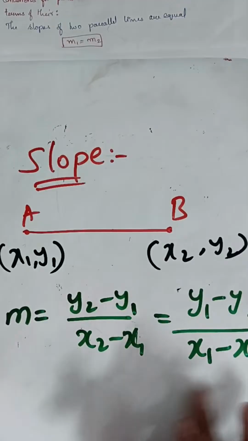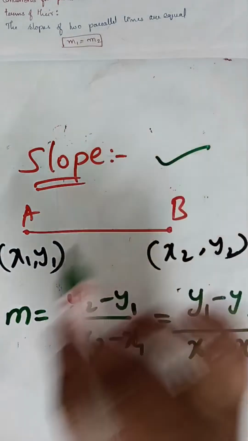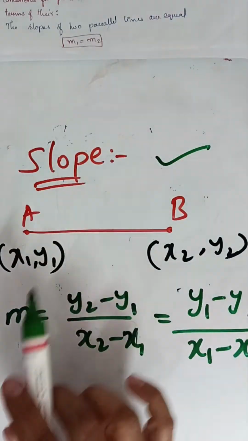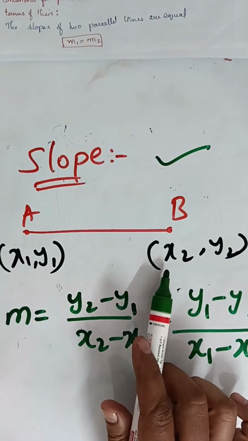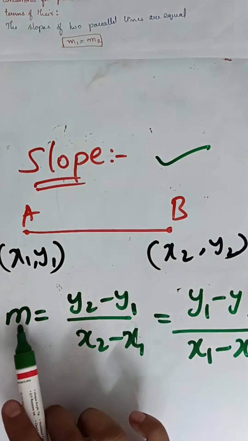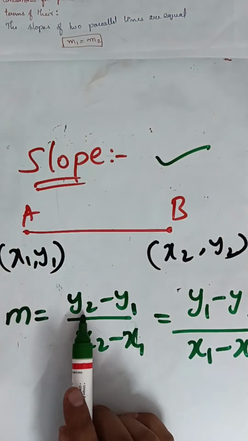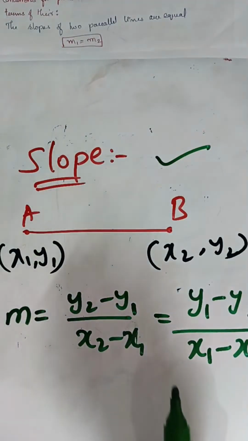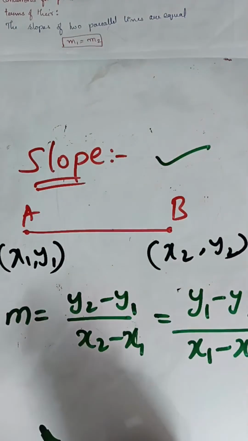In both ways the answer will be the same. So to find the slope of a line when the 2 points are x1, y1 and x2, y2, with small m denoting slope, it is y2 minus y1 over x2 minus x1, or y1 minus y2 over x1 minus x2. Remember all the formulas. We will take some examples based on the formulas we have learned.